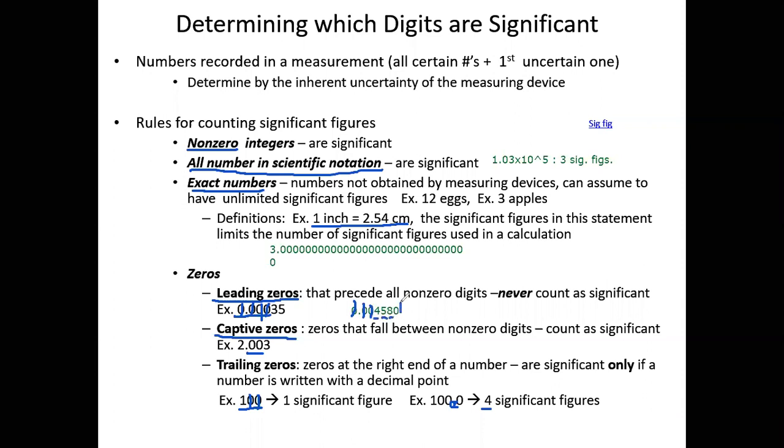And then this 0 here at the end is significant. So you do have to count it when counting significant figures. So in a number less than 1, zeros to the right of the last non-zero number are significant. So that's how we determine the number of significant figures, based on these rules.